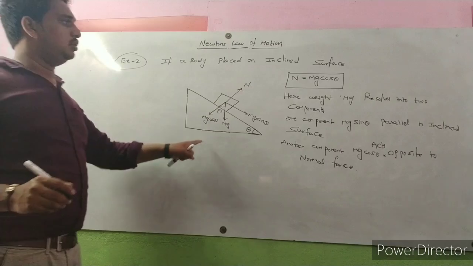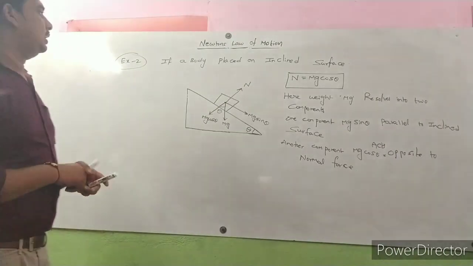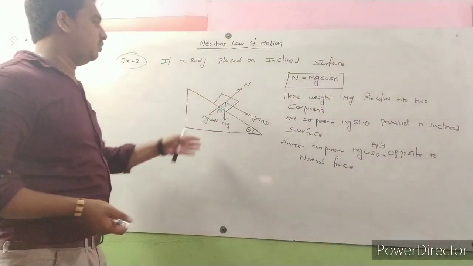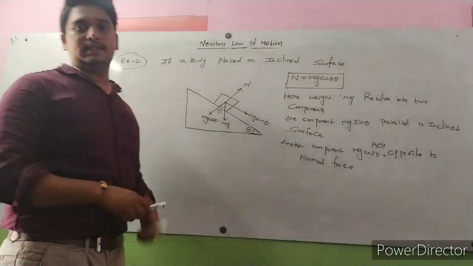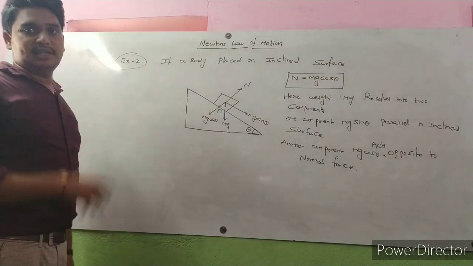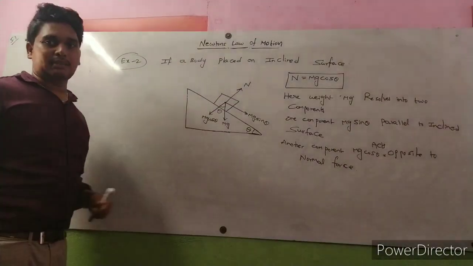That's why N is equal to mg cos theta. Like this, we consider two types of cases here. This is about normal force.